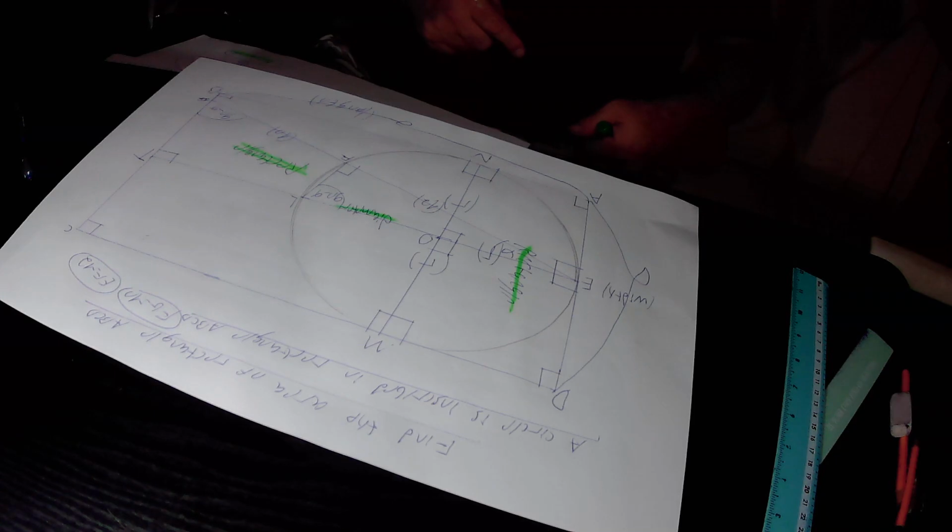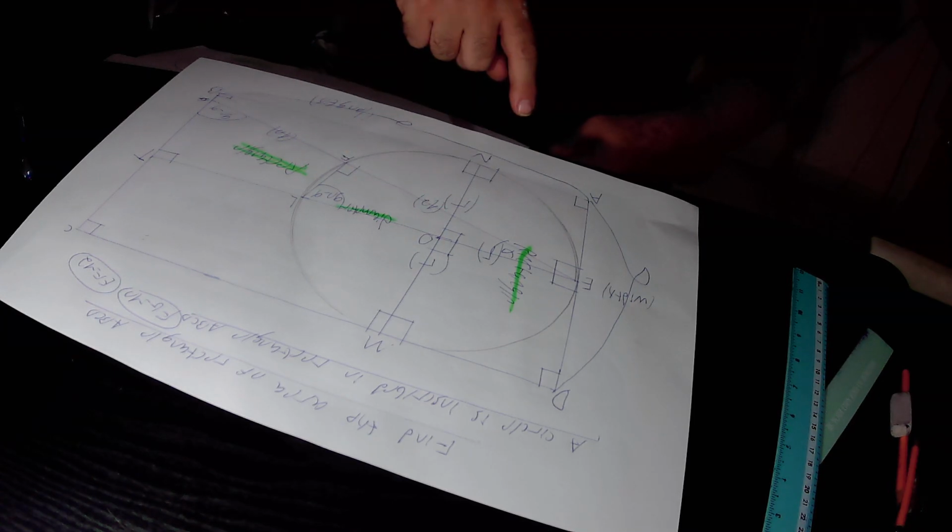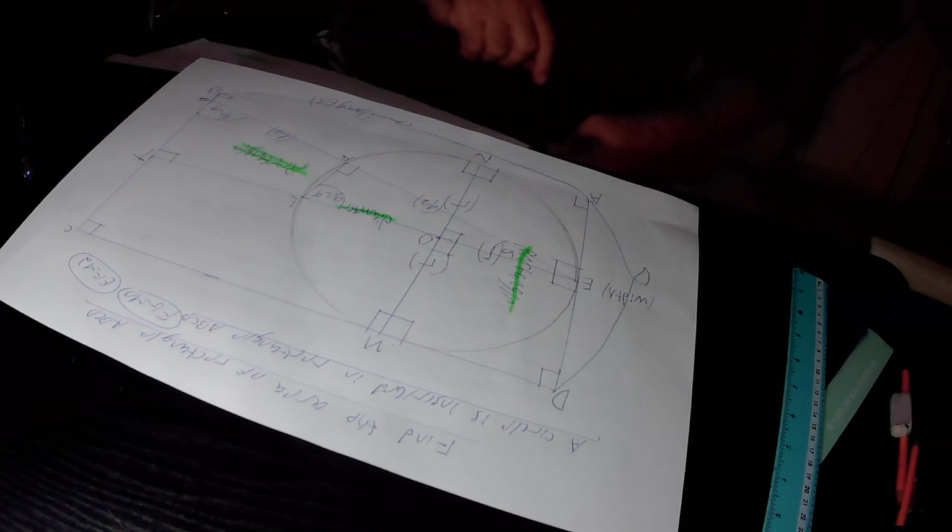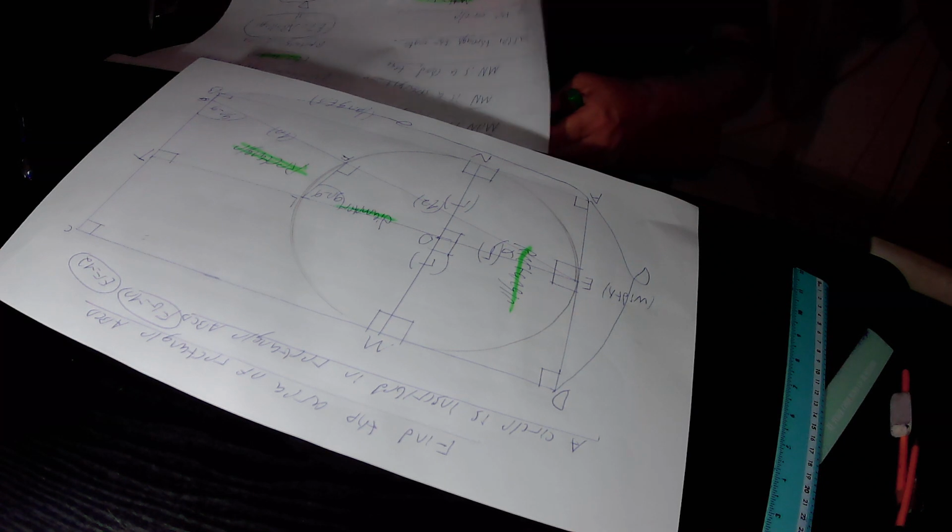And we also know that the opposite sides of a rectangle are equal to each other. So in the big rectangle DMNA, side MN must be equal to the opposite side AD. So here MN equals AD, according to the rule that the opposite sides of a rectangle are equal to each other.